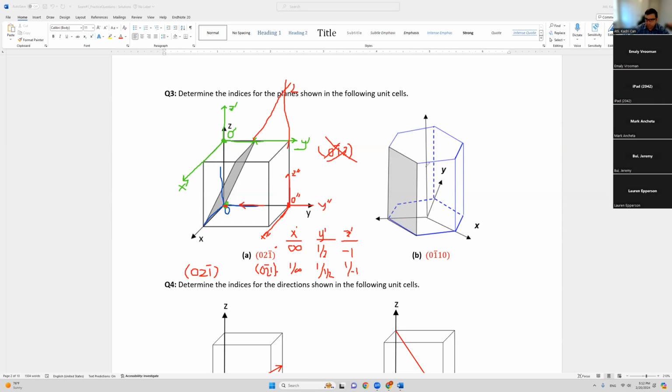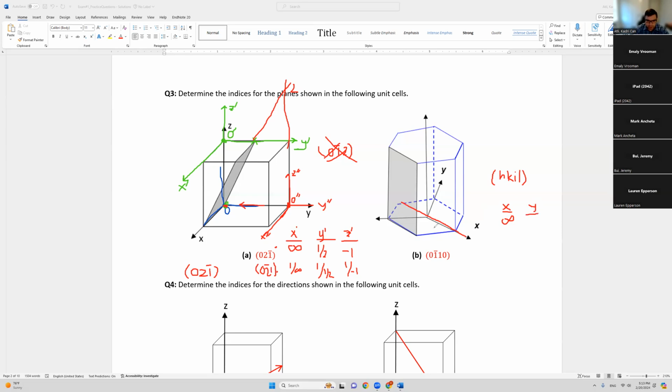So for the second part, B, you remember the indexing for HCP structures, we are using this convention. X intercept is infinity, right? Doesn't cut the x-axis, this plane.